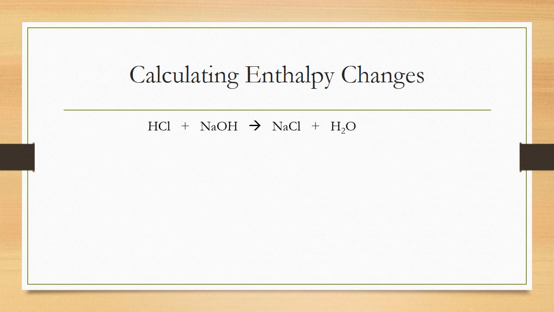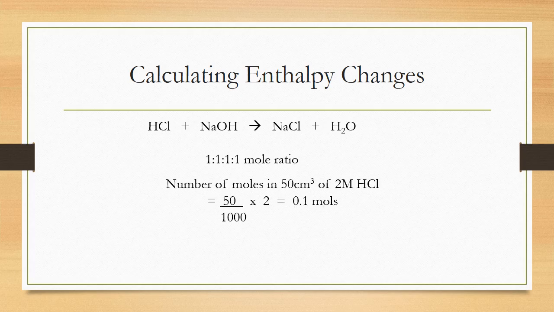So again, this is the reaction: hydrochloric acid plus sodium hydroxide giving sodium chloride salt plus water. It's going to be a 1 to 1 to 1 to 1 mole ratio. So the number of moles in 50 centimeters cubed of 2 molar HCl is going to be 50 divided by 1,000, the reason being that we've got to convert to decimeters cubed, times 2, which is going to be 0.1 moles of HCl.